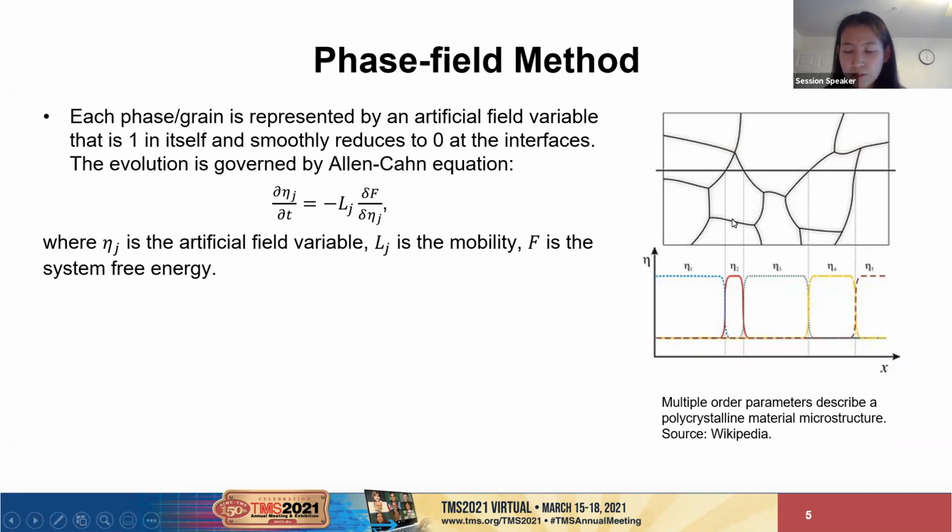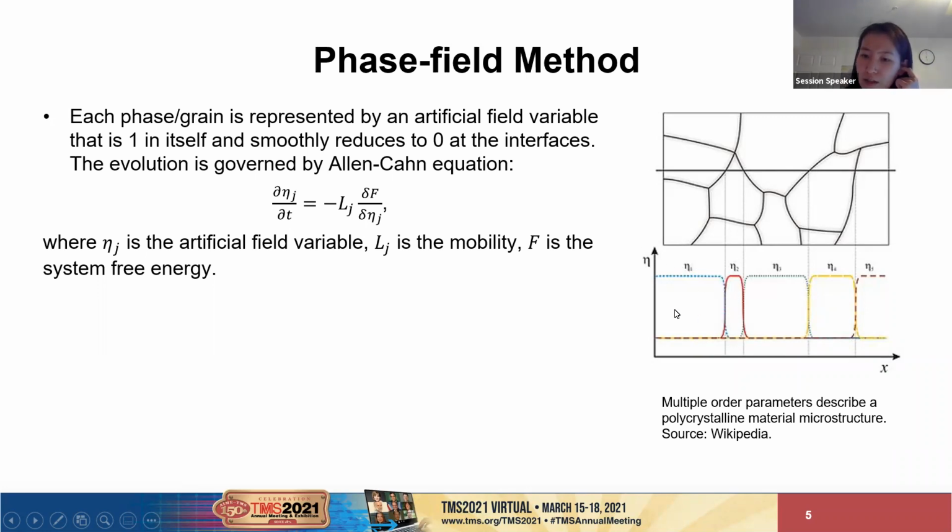For example, on the top figure, we are looking at several grains of polycrystalline material, and if we draw a horizontal line across 5 grains, then we will have 5 order parameters that are plotted on the bottom and represented by different colors. One important feature of this order parameter is that it is one inside of its own grain, and it smoothly reduces to 0 at the grain boundary.